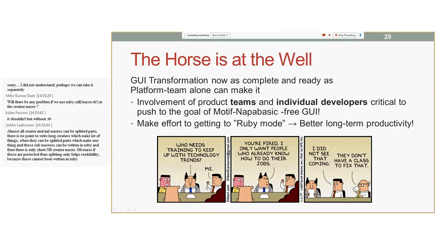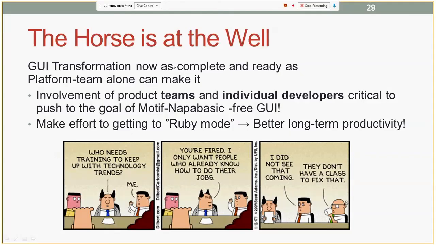Okay, so the horse is at the well, and I would say regarding GUI transformation, the platform team is done. We have taken the transformation rules as far as we can, with our own expertise. Now when we work with other products, like we did with the VPF VO case, we needed the help of the VO experts to help us finalize the bug fixes.